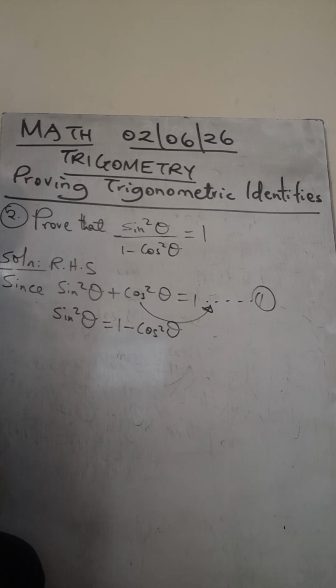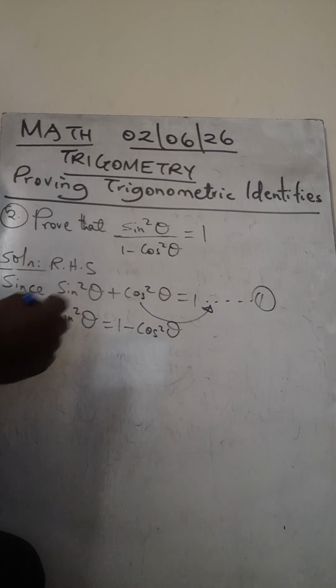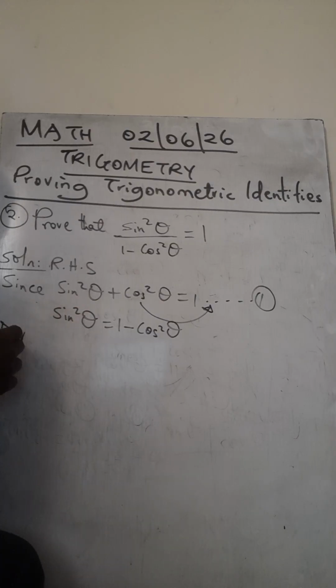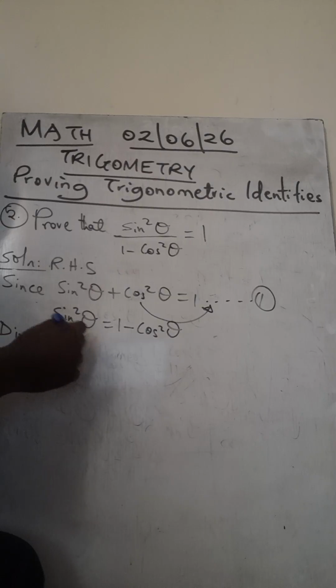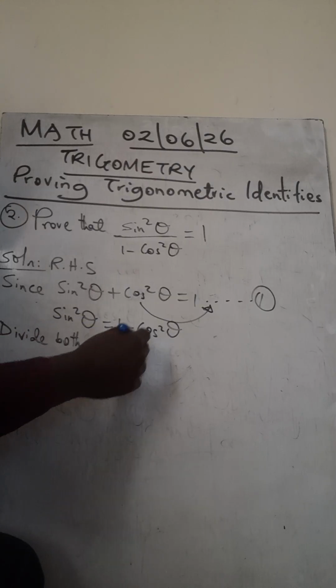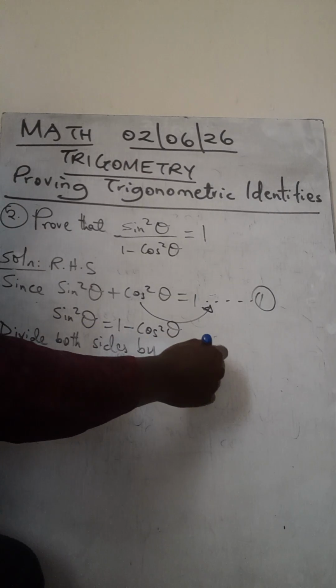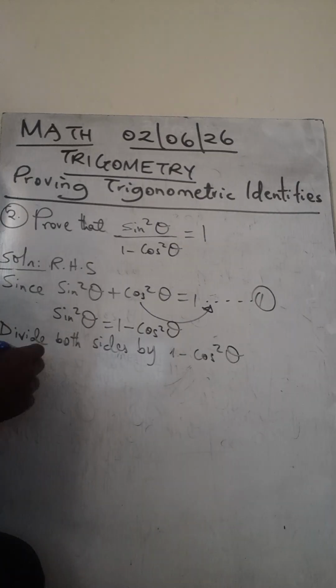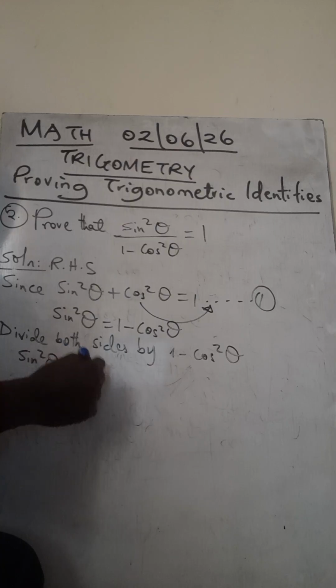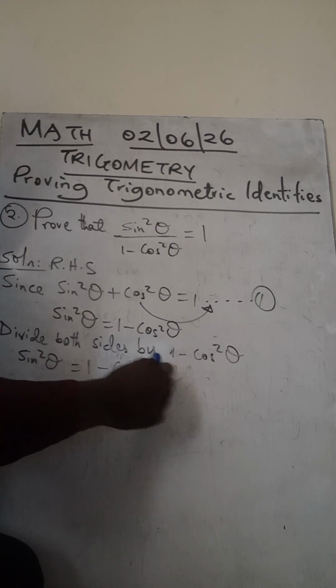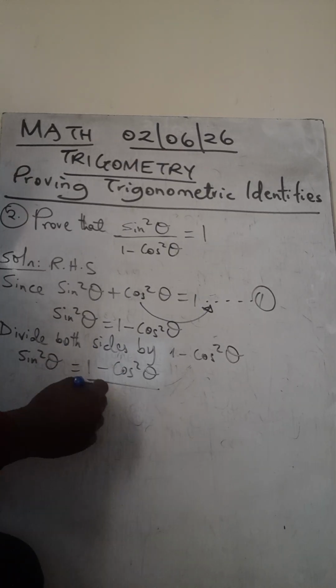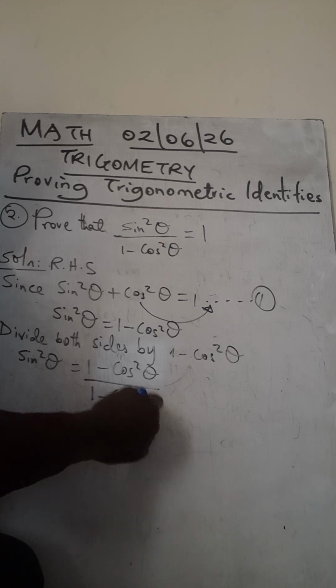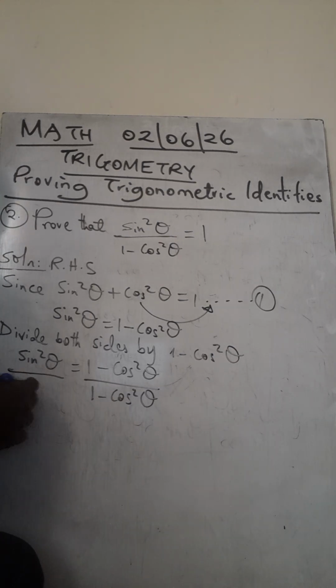And divide everywhere. Divide both sides by 1 minus cosine squared of theta. So you are going to have sine squared of theta equals 1 minus cosine squared of theta. Divide both sides by 1 minus cosine squared of theta over 1 minus cosine squared of theta.